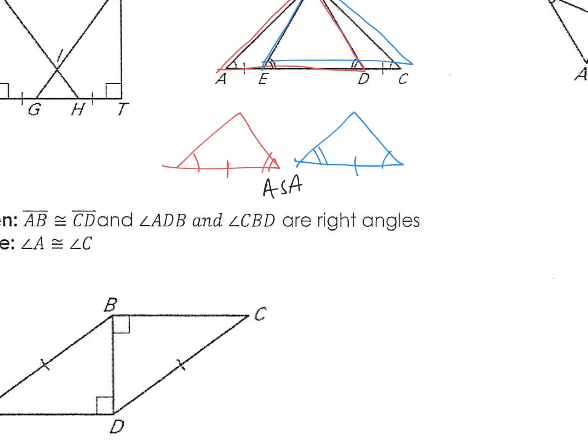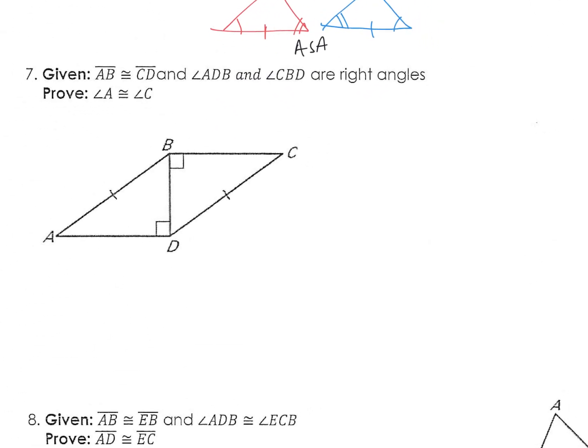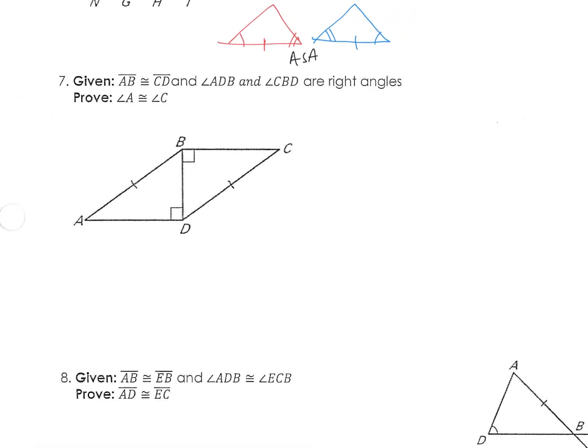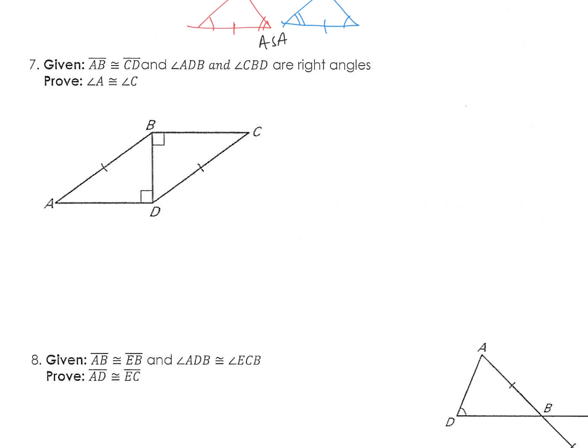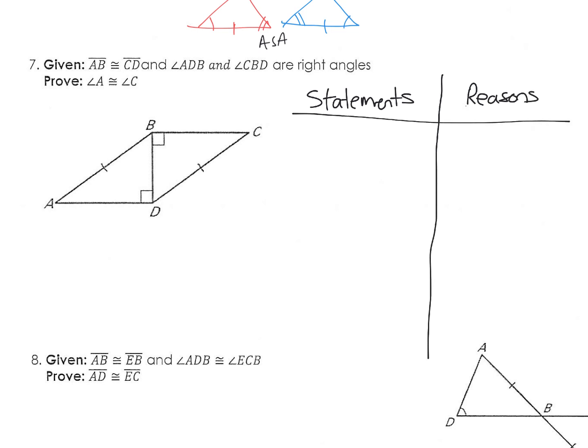All right, and then on to the proofs. Again, for the proofs, we just want to use anything that we can. So remember, we start off with our statements and then reasons. I know that AB is congruent to CD. That's a given. There's nothing more I can do with that.